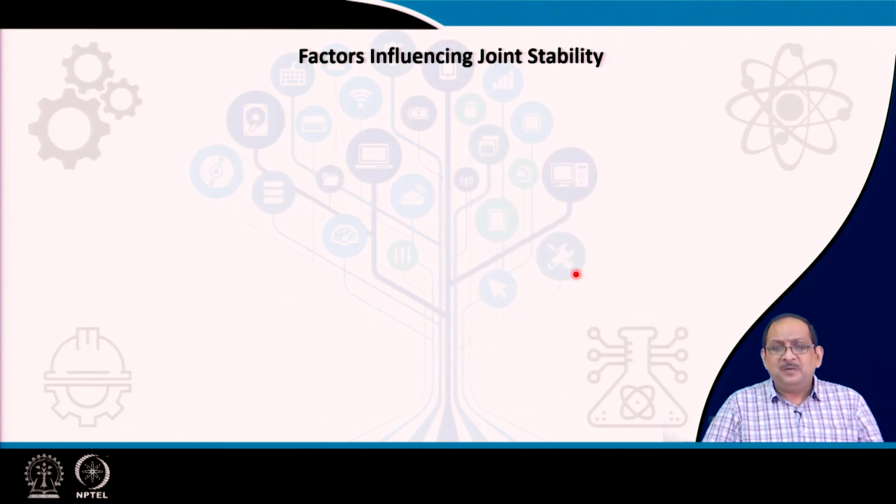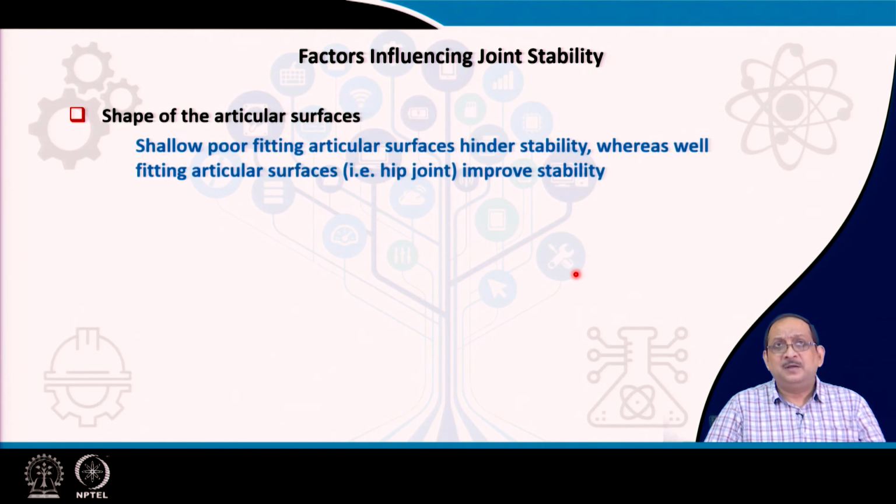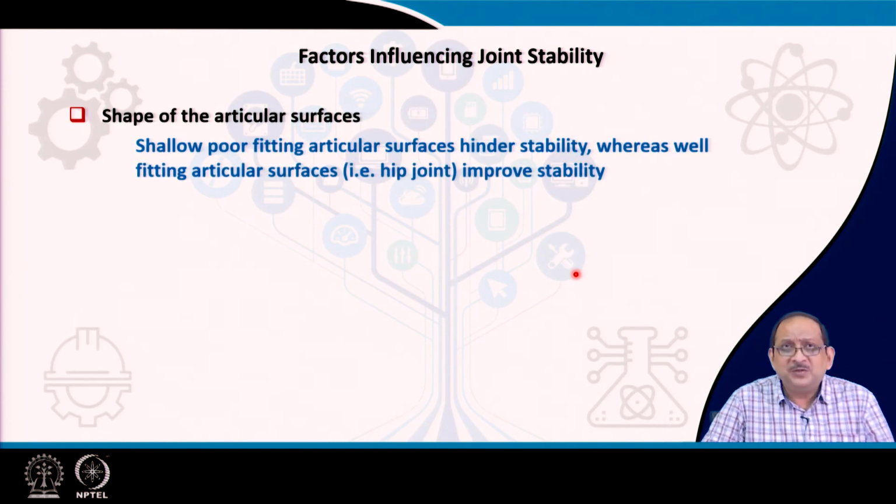Let us now summarize the factors that influence joint stability. The first and foremost important factor is the shape of the articular surfaces.